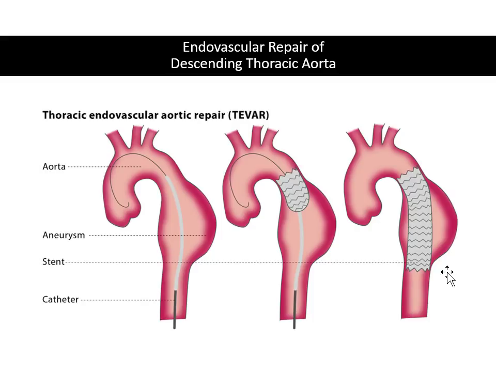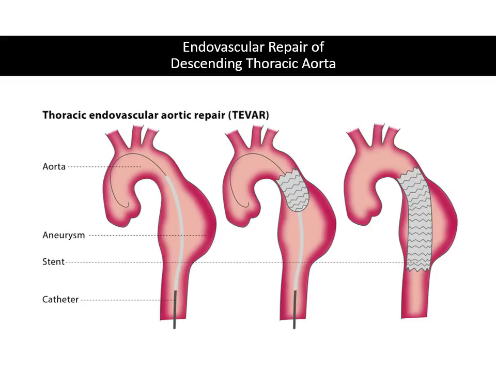Next up on pages 235 and 236, we have the endovascular repair of the, watch this guys, descending aortic or descending thoracic aorta. So remember those codes that we just saw, those were ascending.